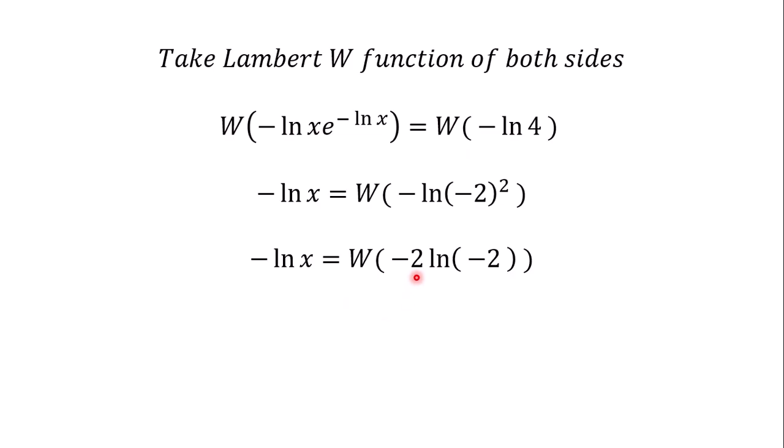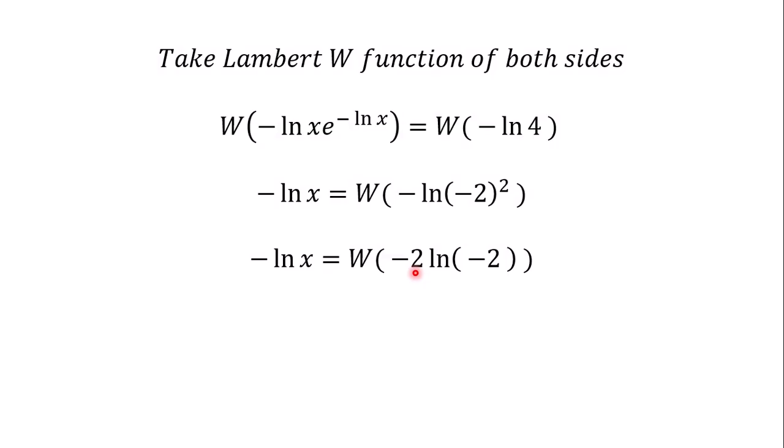Good. So here we're having minus 2 times natural log of what? Minus 2. You know, it's similar to the other one, right? Where it was x raised to the power minus 1 times blah blah. Yeah, good. So here, how can we rewrite this one to suit the approach? That is, we will just introduce the e by rewriting this minus 2, which is e raised to the power natural log of minus 2.